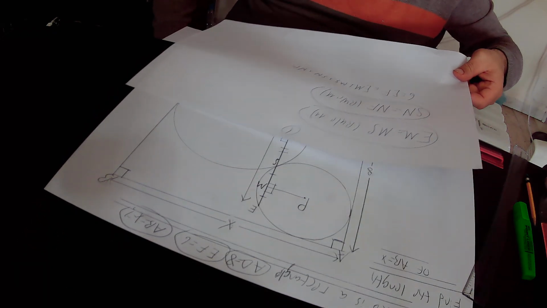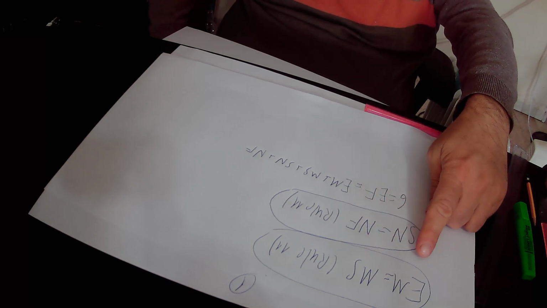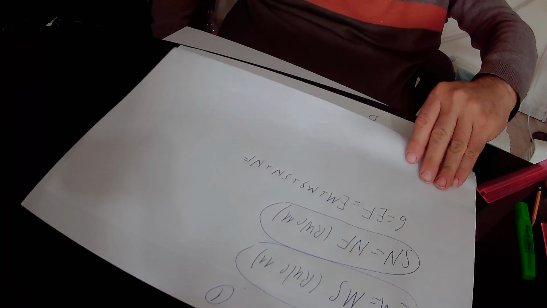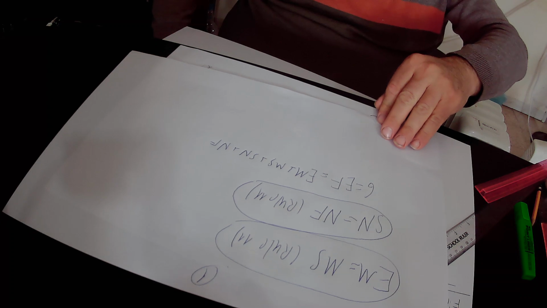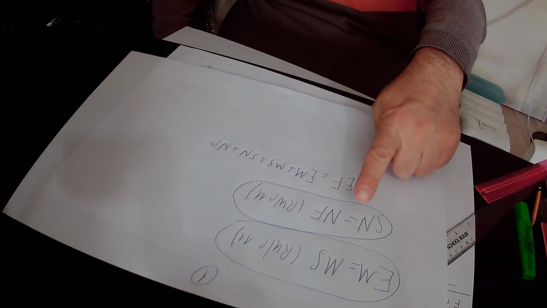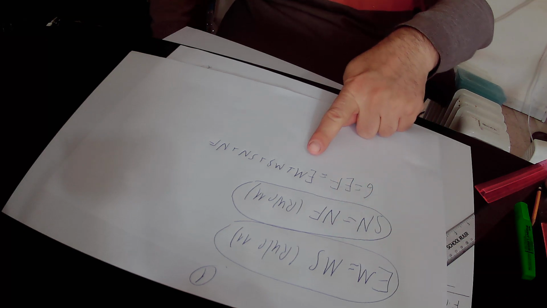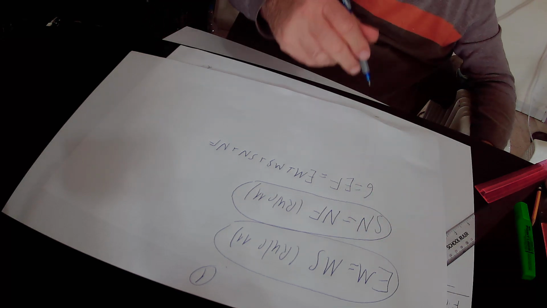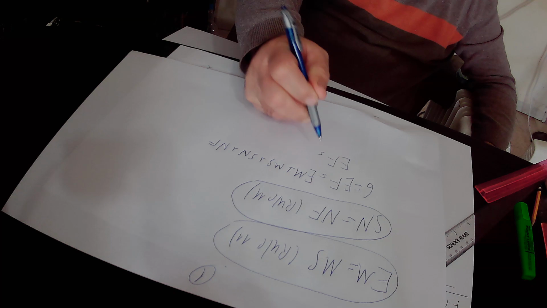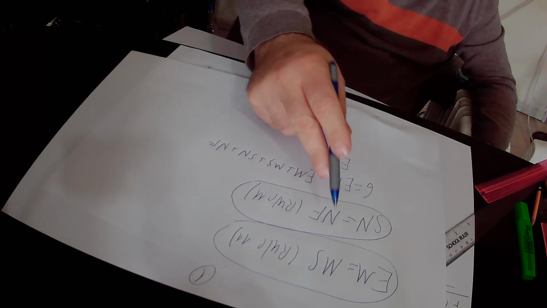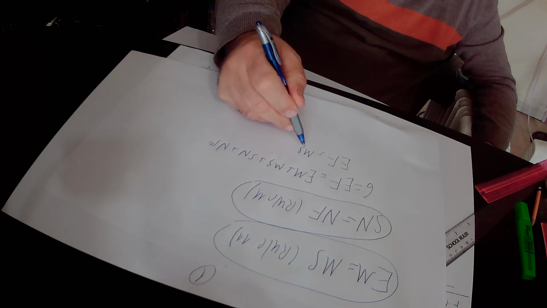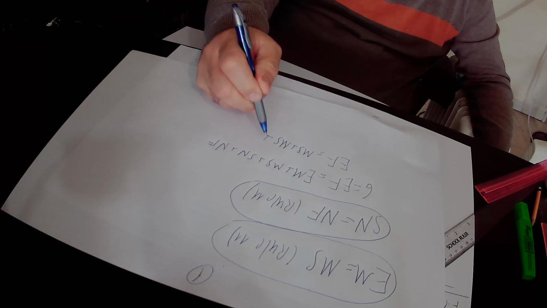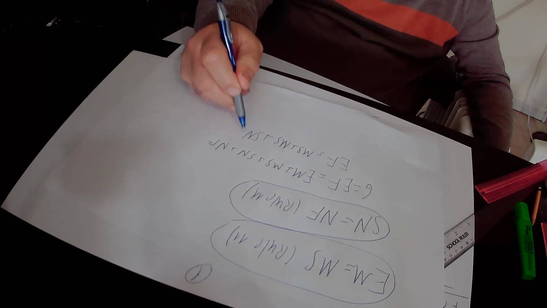So here MS equals EM, so we can substitute EM by MS because EM equals MS. We get that EF equals MS plus MS plus SN plus NF.